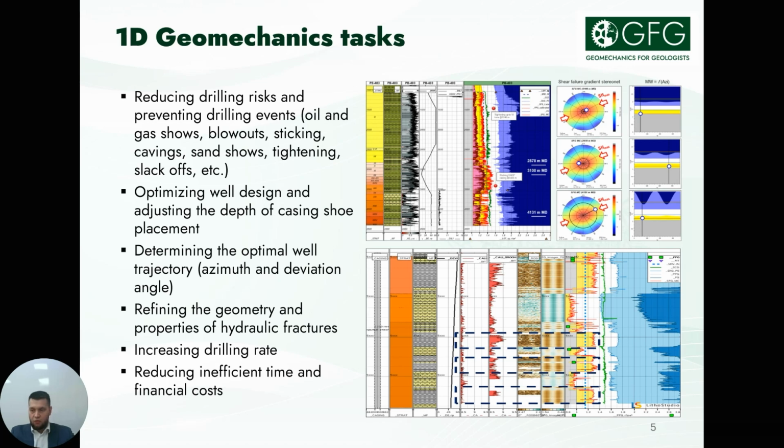The main tasks of a 1D geomechanical model are to reduce drilling risks, prevent drilling events such as blowouts, stickings, tightening, and so on. The following tasks are to clarify the allocation of casing shoes, clarify the trajectory, and optimize the geometry and properties of hydraulic fracture.